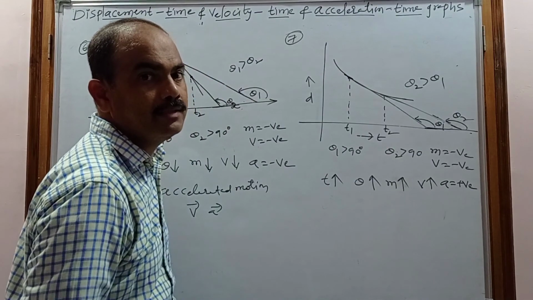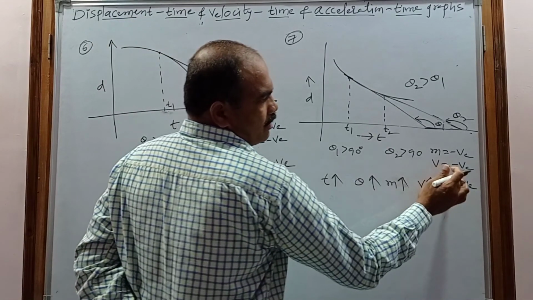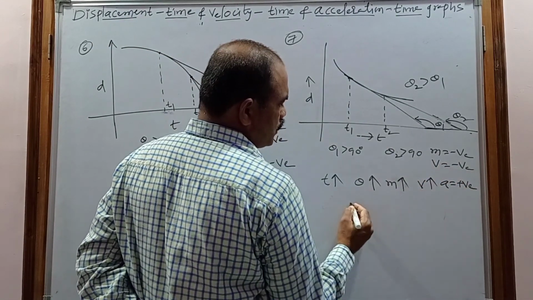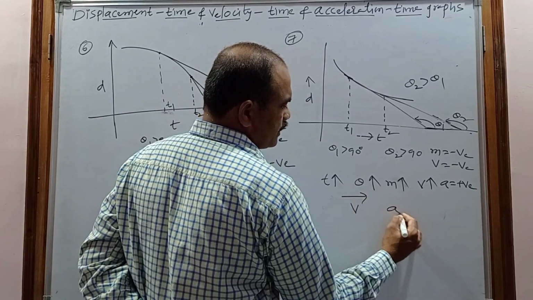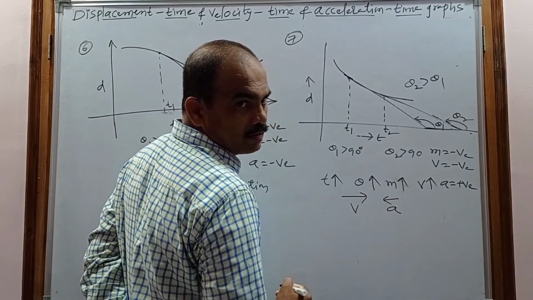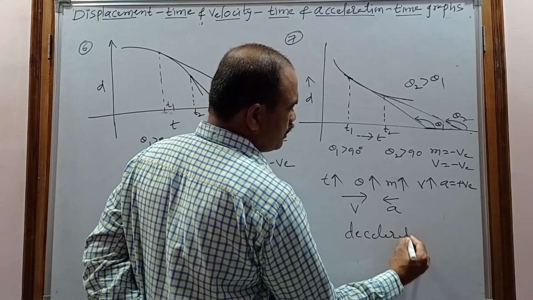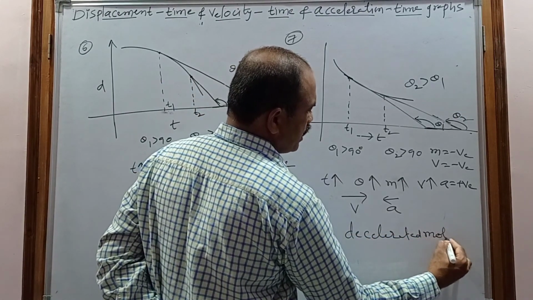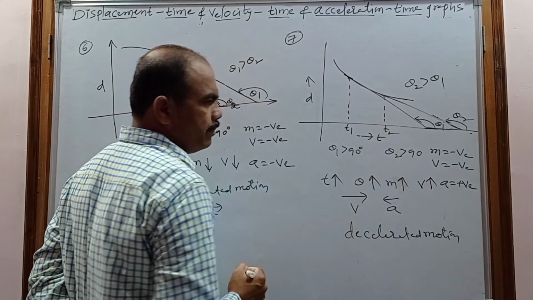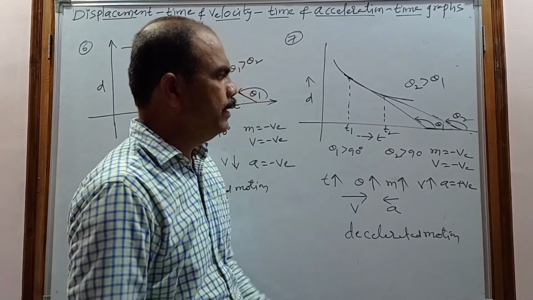But velocity is negative and acceleration is positive. If this is the velocity direction, the acceleration is exactly opposite. So this motion represents decelerated motion.